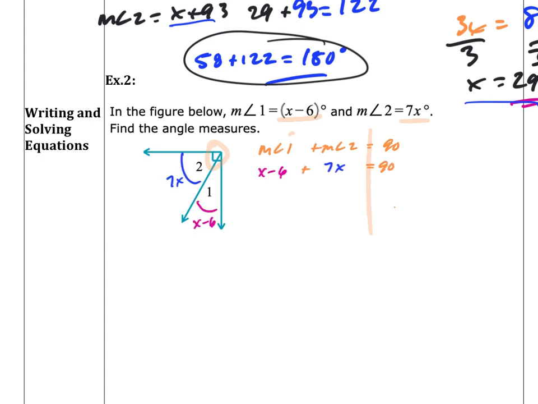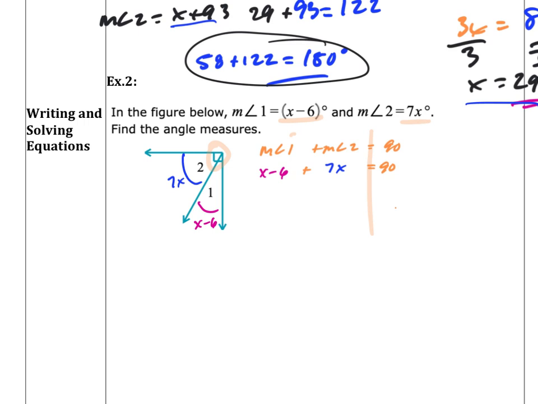Now remember, we're trying to solve for x so that we can figure out what the measure of angle 1 is and what the measure of angle 2 is, right? And they told us that the measure of angle 2 equals 7x. Measure of angle 1 is x minus 6, okay? Okay, so now what we're going to do is simplify this. So I've taught you, turn everything into addition.